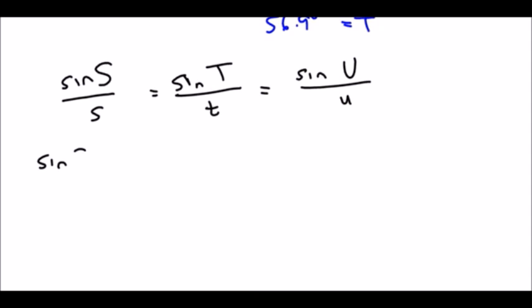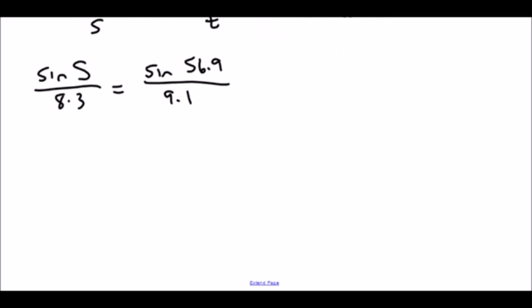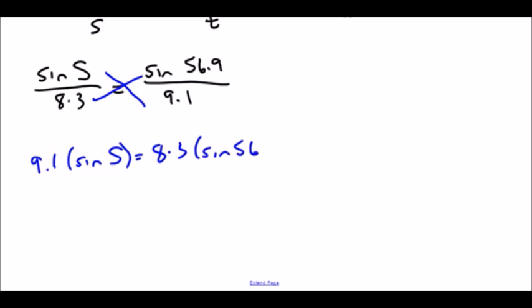So sine s over s, and side s was 8.3, equals sine t, which I've just discovered is 56.9, over side t, which is 9.1. So to solve for this, again, it's a perfect proportion, so I'll cross multiply. 9.1 times sine s equals 8.3 times sine 56.9, and then divide both sides by 9.1 to isolate the trig statement.